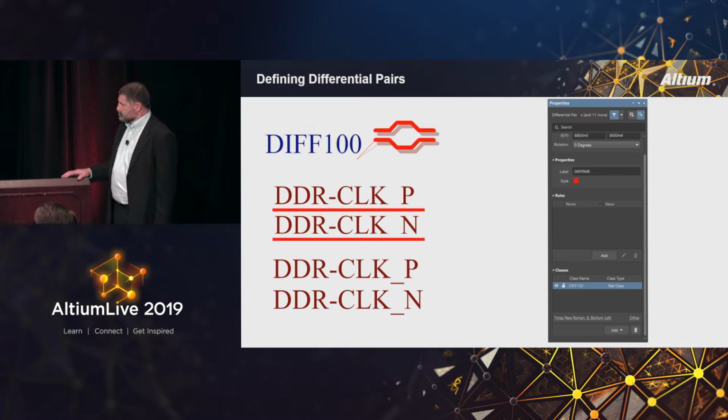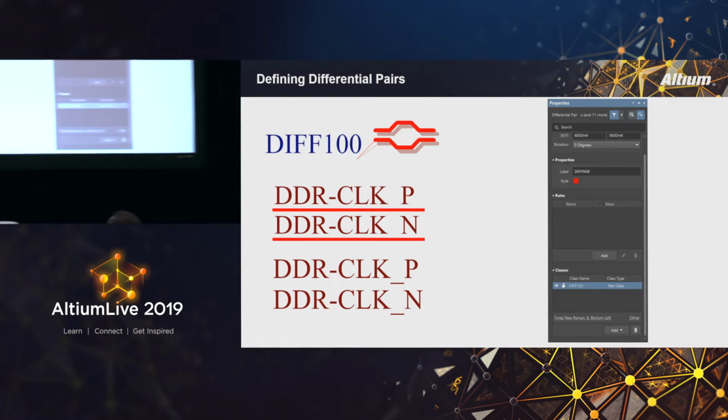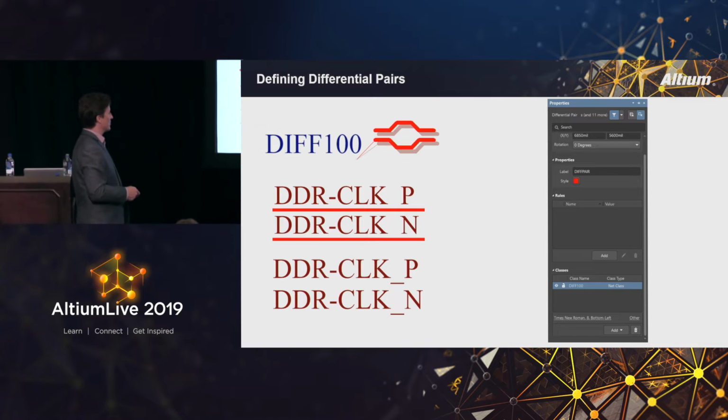The only thing I'd say about this is, and I got an explanation from someone at Altium, it always kind of bugged me that we had to do both. I had to do the _P and the _N and do a differential pair directive.